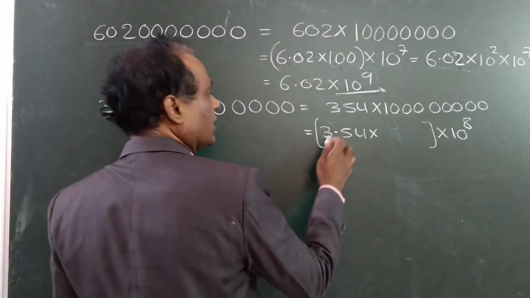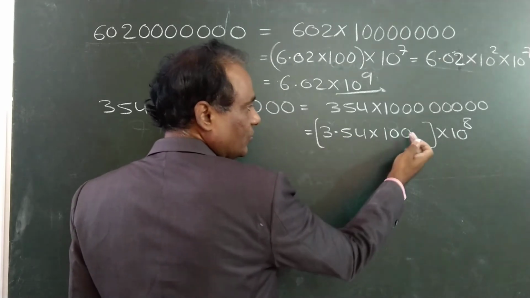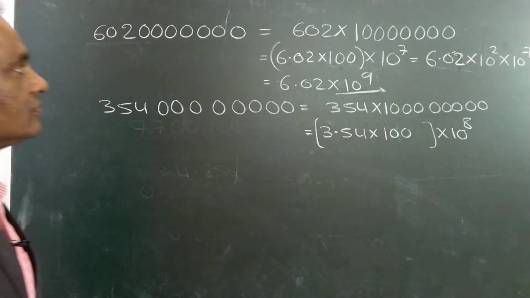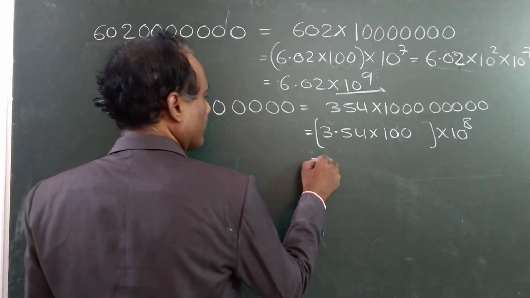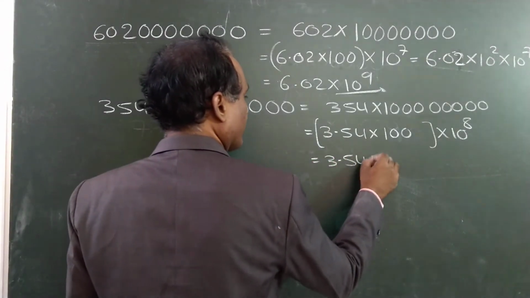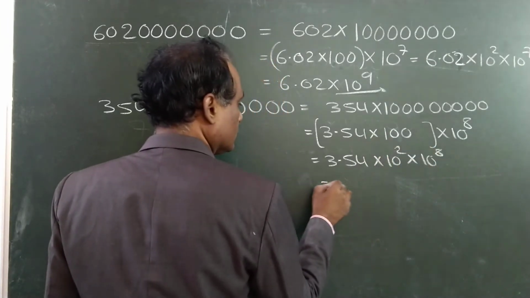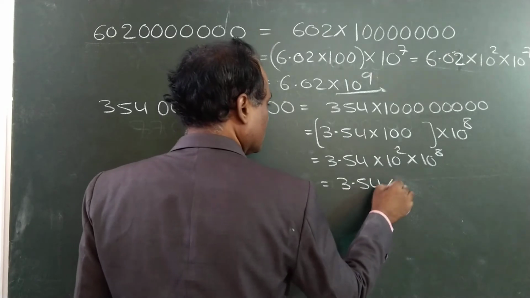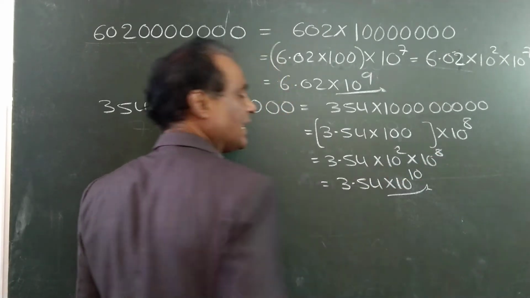This 354 is 3.54 into 100 because after decimal 2 digits are 2 zeros. Hundred is 10 square. Eight plus 2, 10. Like this.